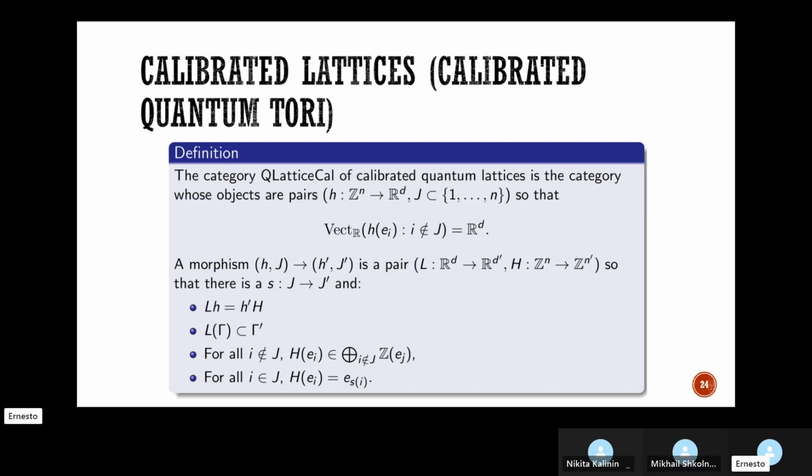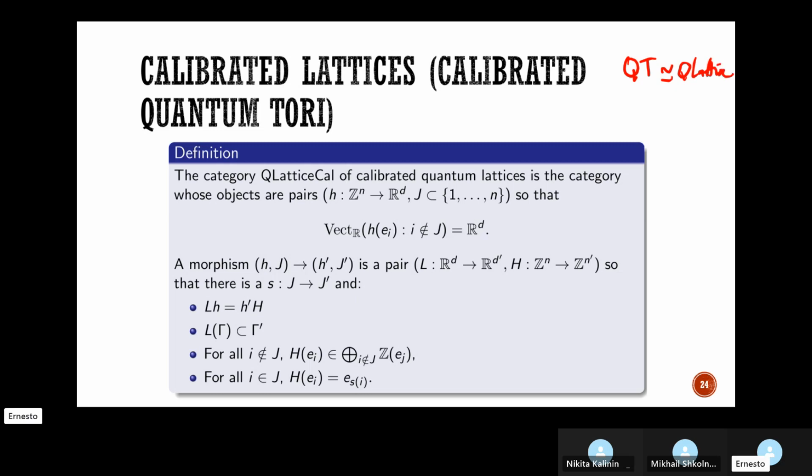I already said, let's see how this looks in practice, because this is a very abstract thing. How do we say this in practice, in this very linear algebra kind of way? Remember that we had the quantum torus, which was equivalent to the category of quantum lattices as categories.